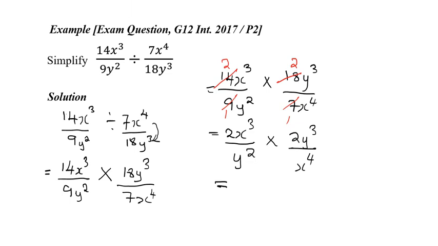So we're going to now try to divide the letters. So I'll start with the letter x, the variable x. So this is x to the power 3, and I also have x to the power 4. So I have 3 x's there, which are going to cancel with 3 of the x's in x to the power 4. So since there are 4, if we cancel 3 from the 4 x's, we are going to remain with 1 x.